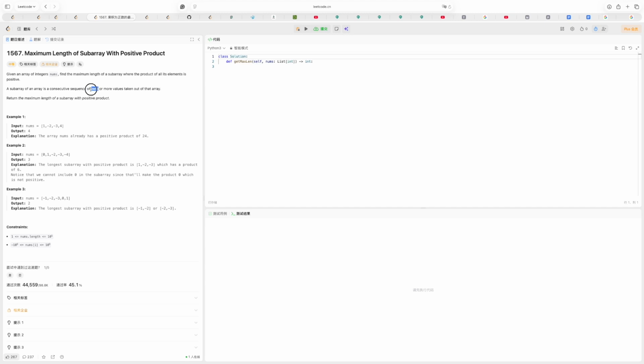I am curious about 0. Like if I have this, what is the answer? Is the length 0? So 0 or more values.